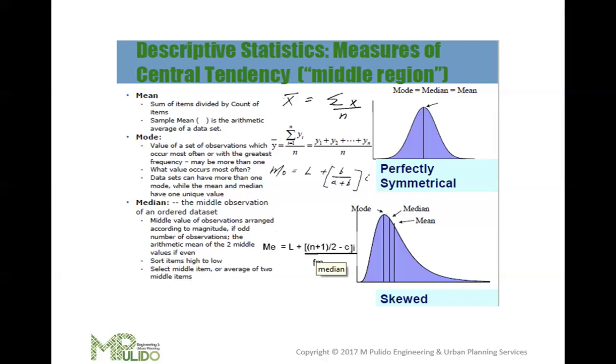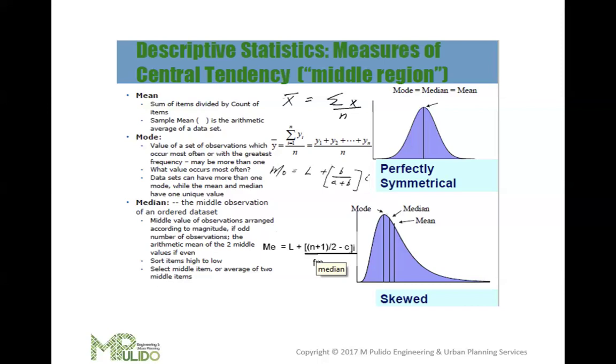So symmetrical versus skewed distributions. What's the difference? In a perfectly symmetrical distribution, the mean, median, and mode are all equal and located at the center of the distribution. This often occurs in a normal distribution, the bell curve. You see the bell curve there.